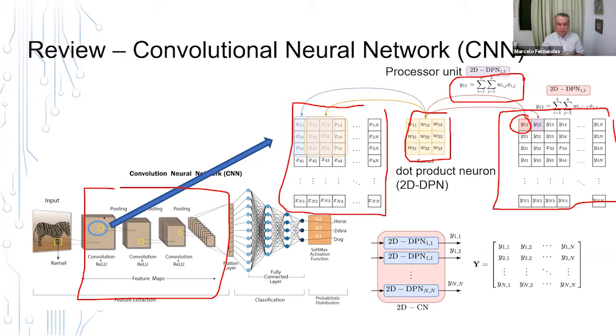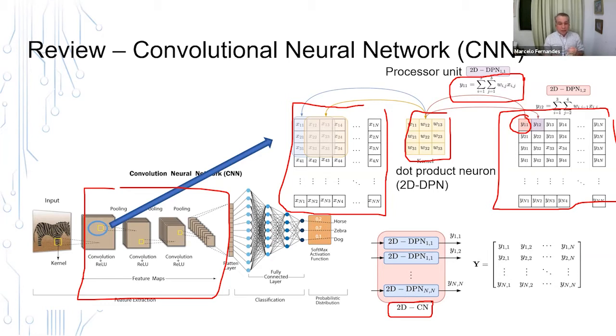Each kernel in the convolutional part inside the convolutional neural network is a convolutional neuron, and inside the convolutional neuron we have several DPN, dot product neurons. I call it with this name just to make it easier to understand.